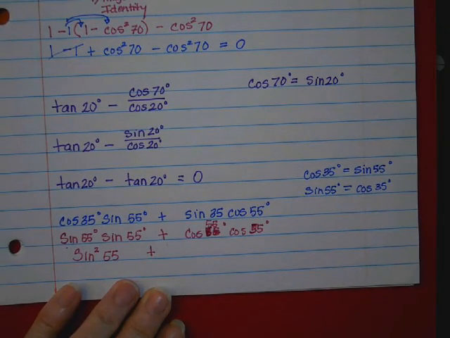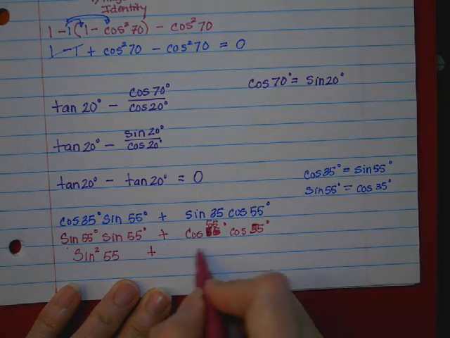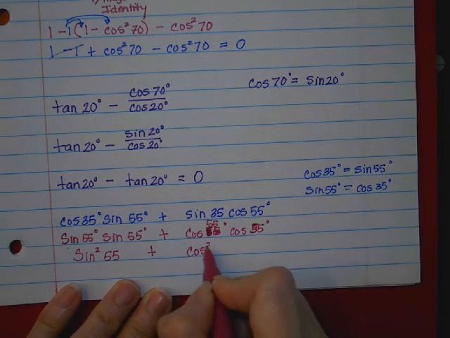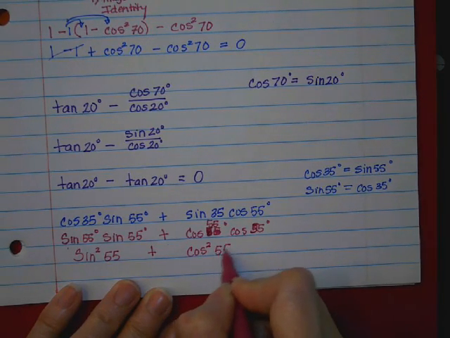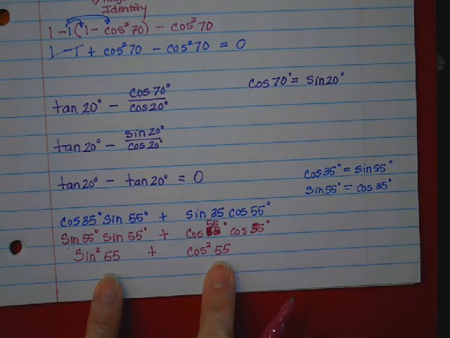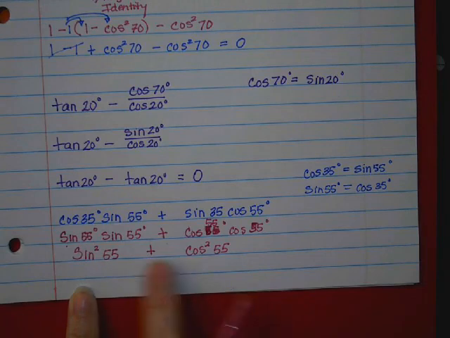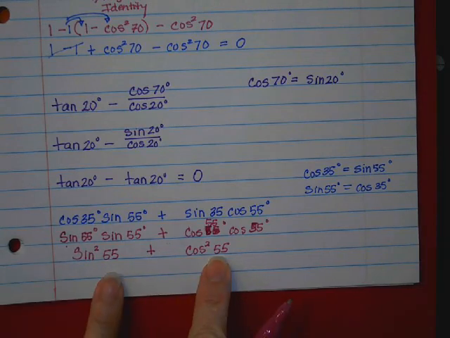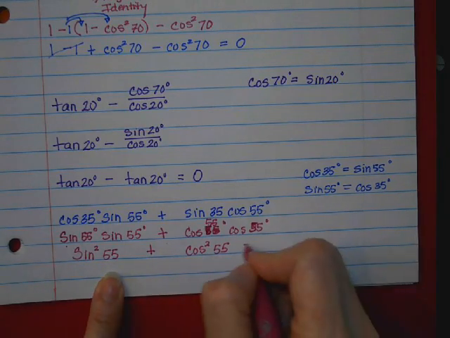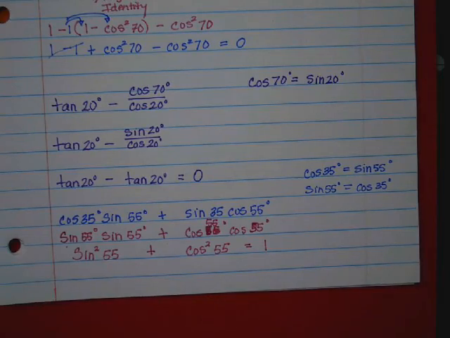Thank you guys for loving me through this. Cosine times the cosine is the cosine squared, and then my theta, which is 55. You want these values to be the same, otherwise this no longer works. Remember, our Pythagorean identity says the sine squared theta plus the cosine squared theta, as long as theta is the same value, is equal to 1. Thank you for being patient with me through that little boo-boo.